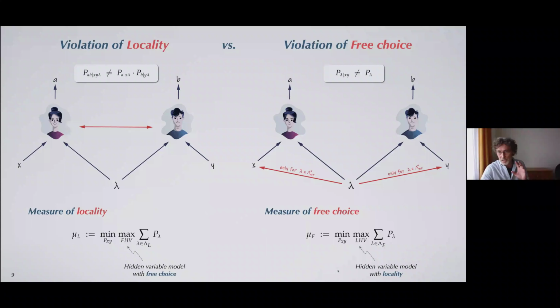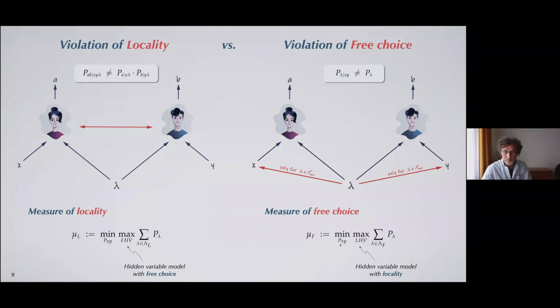And similarly for the measure of free choice. The measure of free choice is a maximum over all possible local hidden variable models, where this quantity tells me how often freedom of choice is retained. And again, I have to minimize over all possible distributions of settings.